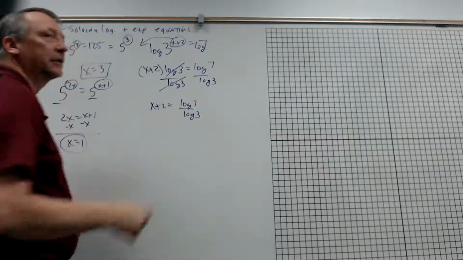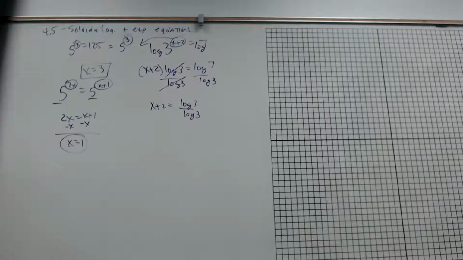Can I cancel the logs? What do you think? Don't think so. That's good, because some of you will, and I'll get mad at you. Okay? That's an operator. You can't cancel the logs. Can I write that as a single log?